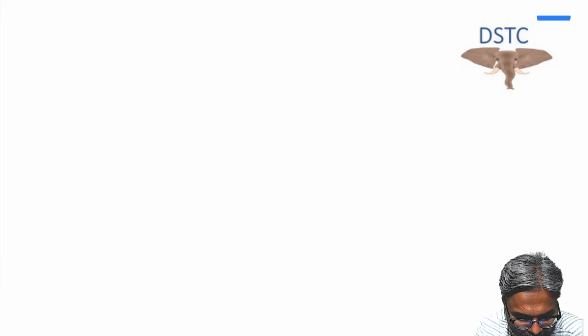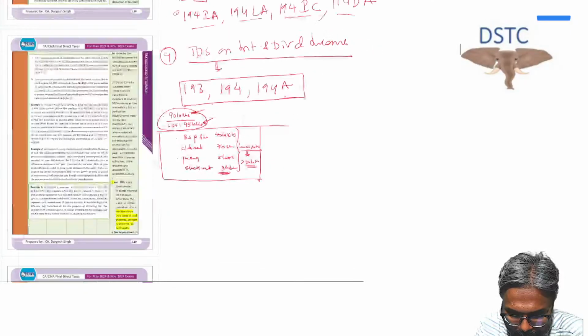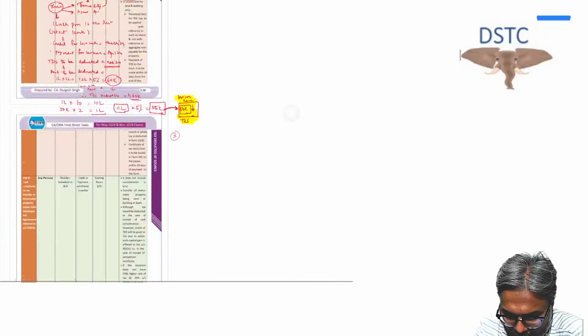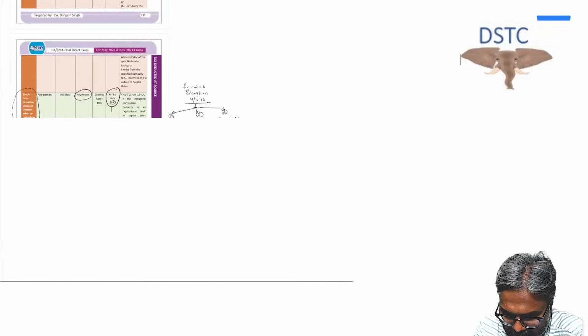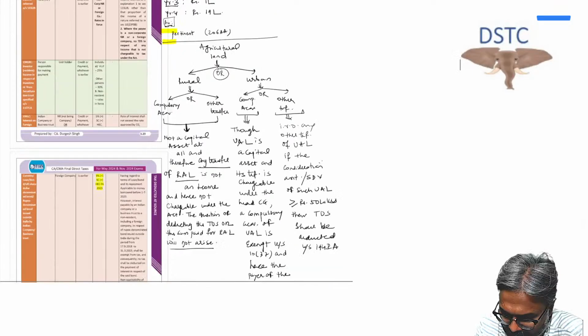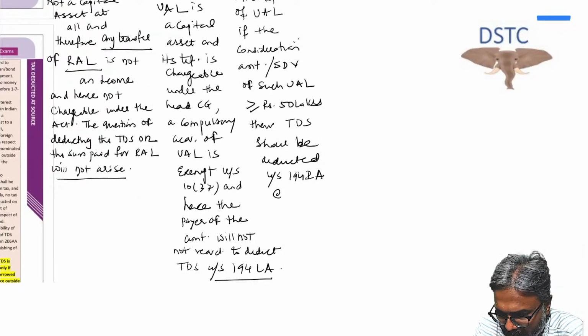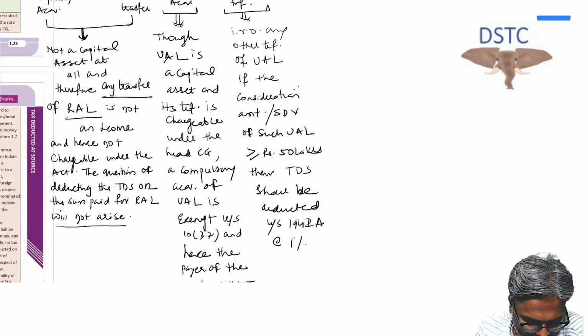Just a second, students. Where did it go? Under section 194IA, at the rate of 1%.